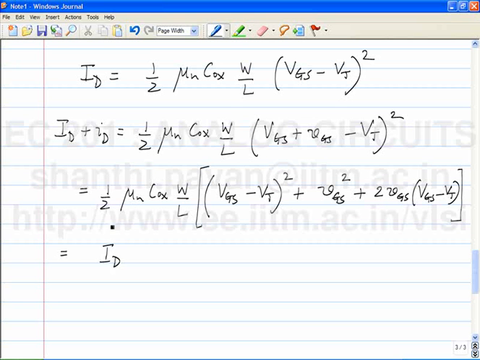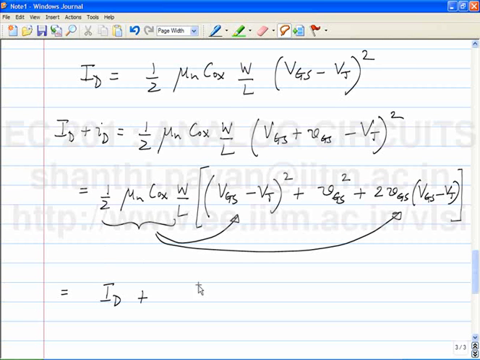Please note that this, when multiplied with this term, gives ID, okay, plus this multiplied by this term gives what?